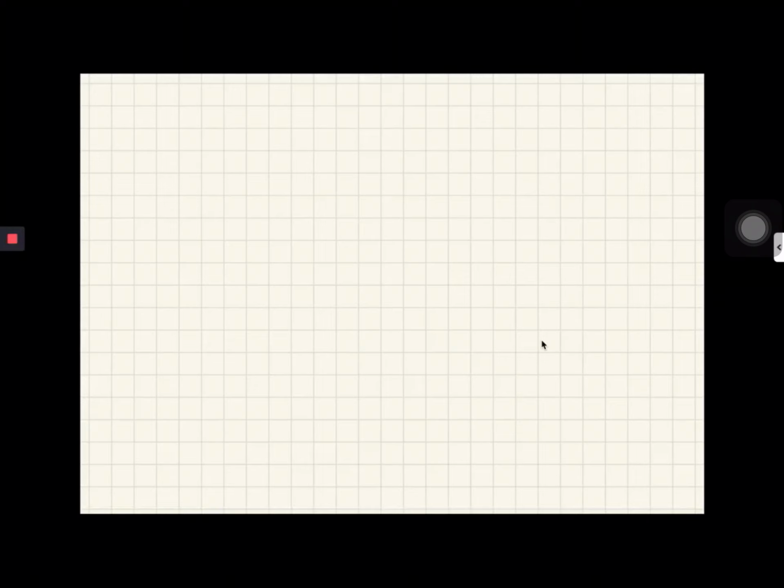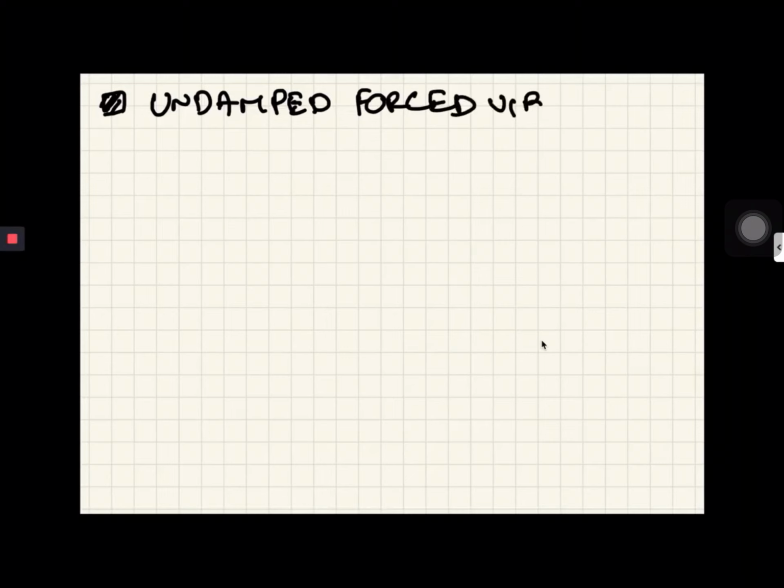Okay, so first thing first, I'm going to talk about the undamped forced vibration for second degree of freedom system.